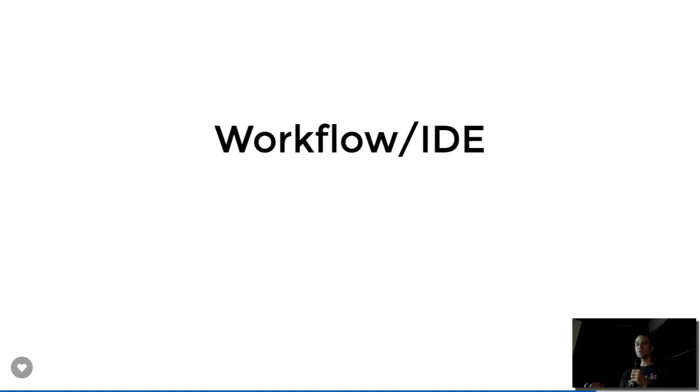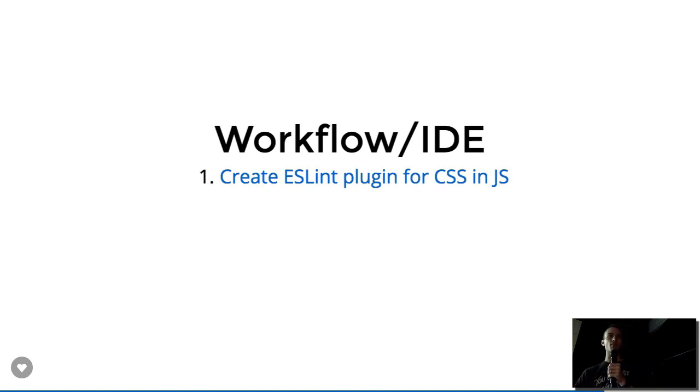Another complaint that people have is the workflow in the IDE. We have really great CSS support in our IDEs. Right now there is linting available for your JavaScript, right? We have ESLint and it's amazing, but we don't have any sort of auto completion or linting for whether I'm misspelling none for the display property, like a typo. So I started an ESLint plugin, and you can finish it, and it's linked right there.